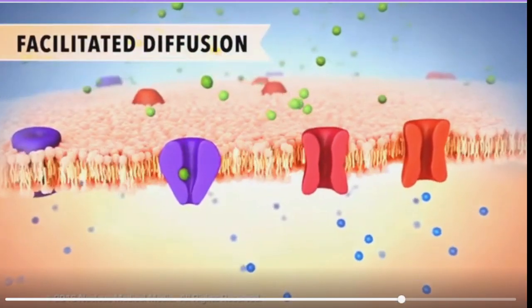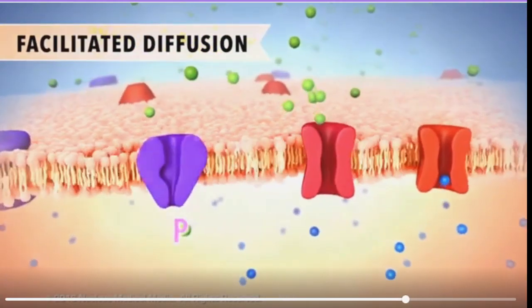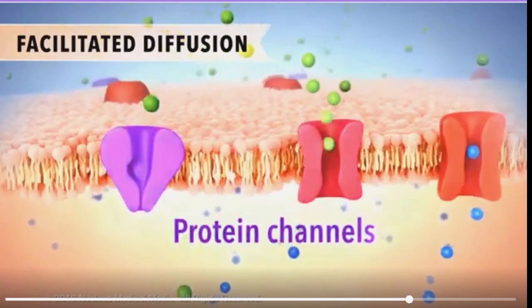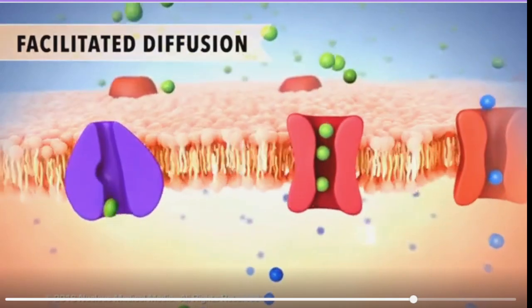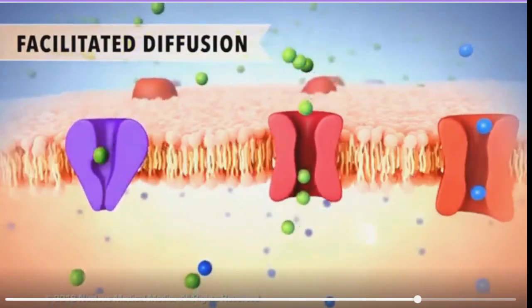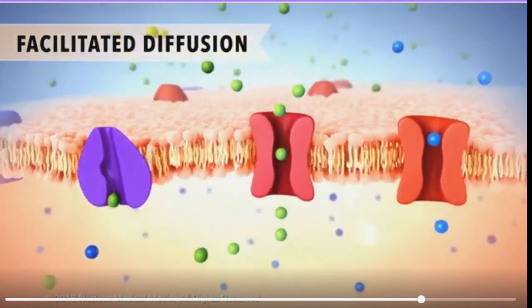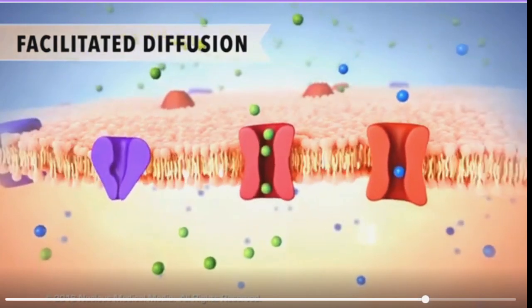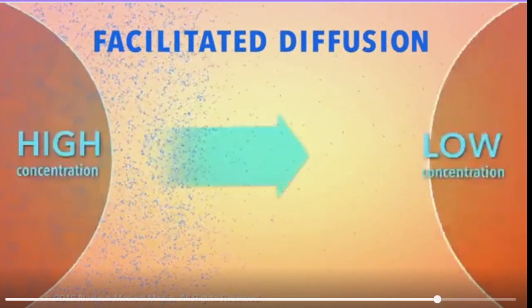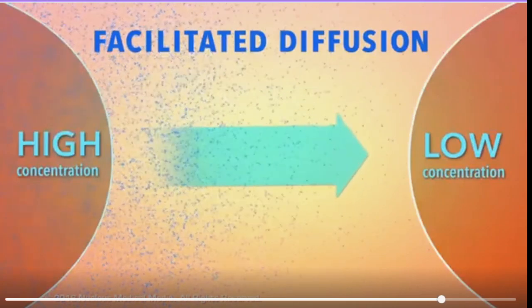Facilitated diffusion is a type of passive transport in which molecules diffuse through specialized protein channels in the cell membrane. The protein channels work like special ports or tunnels that allow these substances in or out of the cell. Facilitated diffusion is also when particles move from high concentration to low concentration. How do you know that?